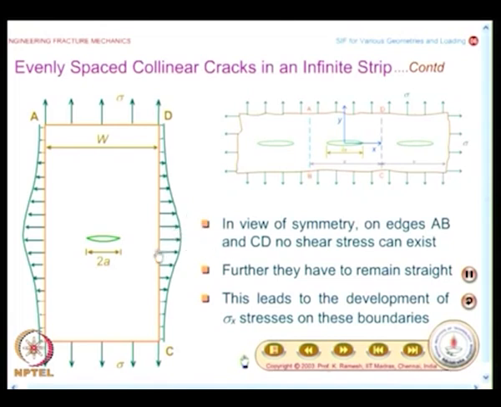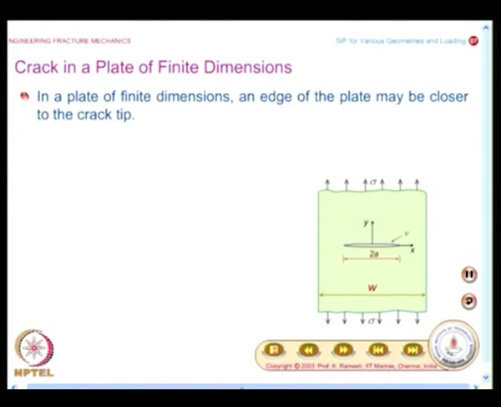So, the argument here is, as long as the A by W ratio is small, the solution for evenly spaced collinear cracks can be taken as the value of K for a finite strip, because in all practical situations you have only finite body problems, and this is the kind of argument they put forth, and we will see further.